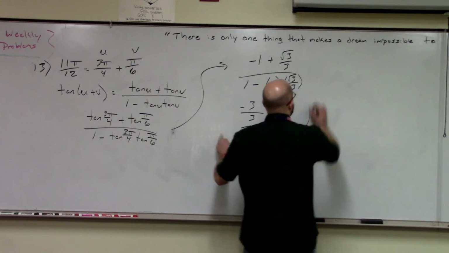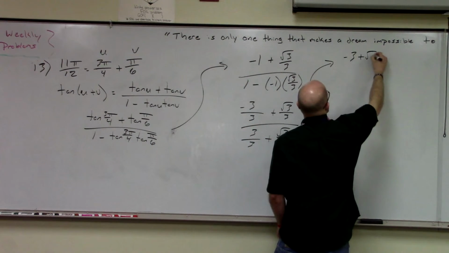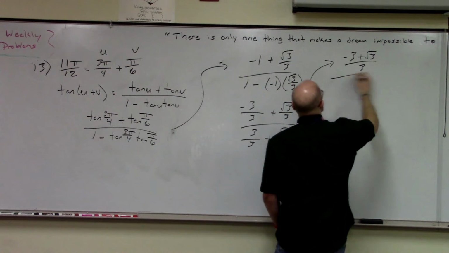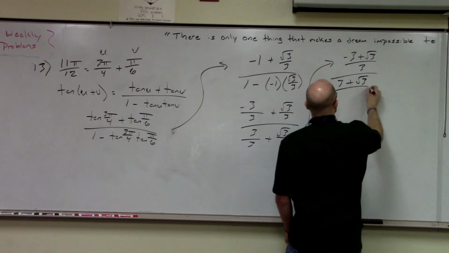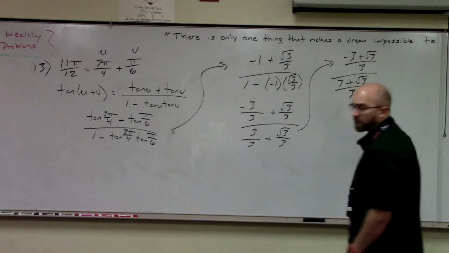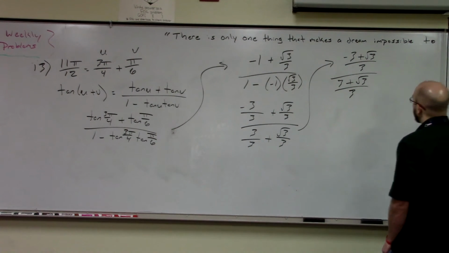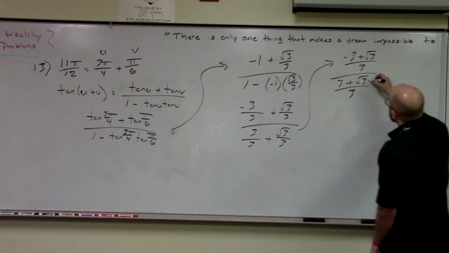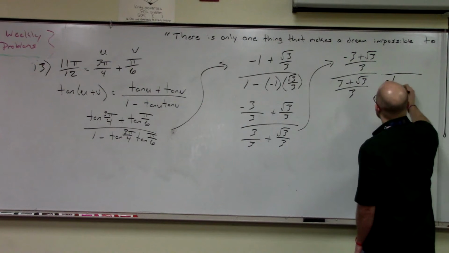Which ends up being -3 plus square root of 3 over 3, all over 3 plus square root of 3 over 3. This is a complex fraction, very easy to simplify. Hopefully we're good at it by now, to where these two go in, multiply on the bottom, do not distribute.